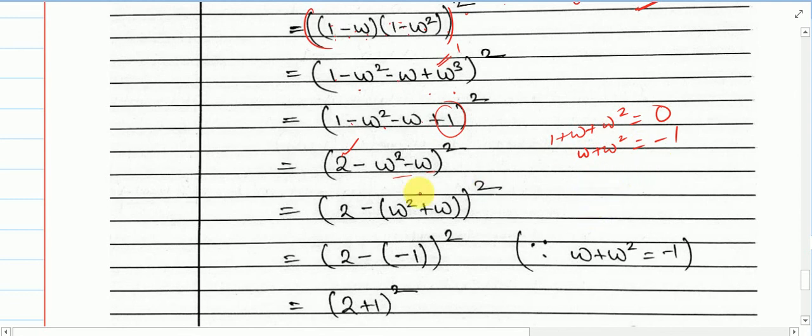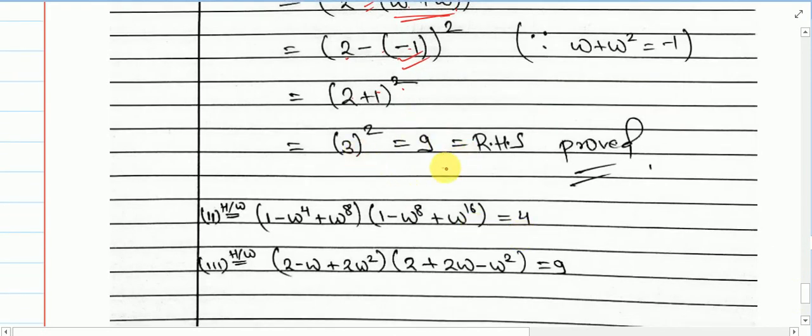So in the next step I'll take out minus common, then I'm getting omega square plus omega, which is equal to minus 1. So put this minus 1, then 2 minus of minus 1, so 2 plus 1, whole square. That means 3 whole square, that is 9. So it's your right hand side.